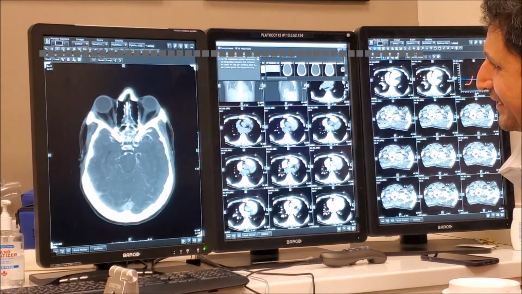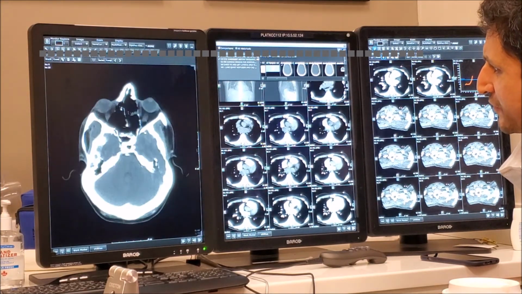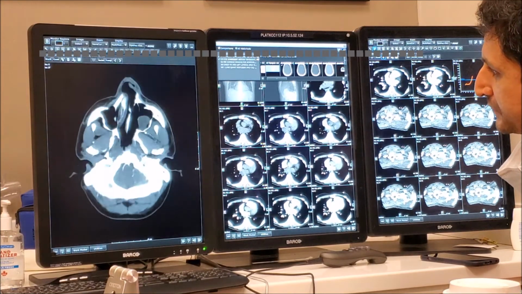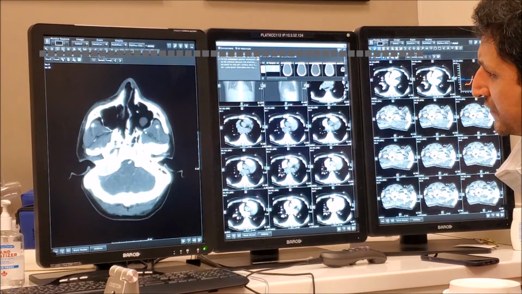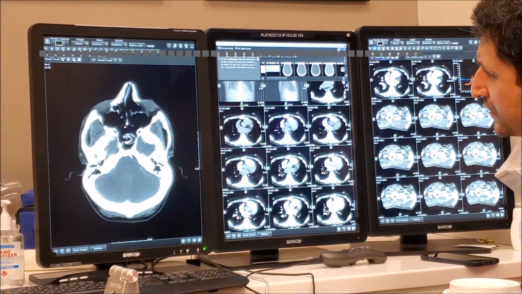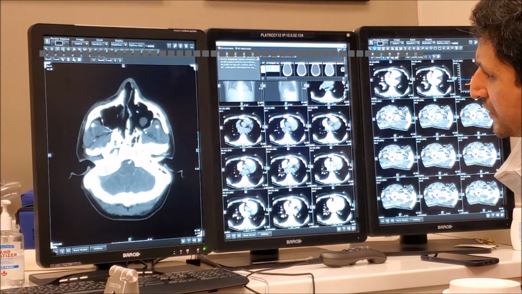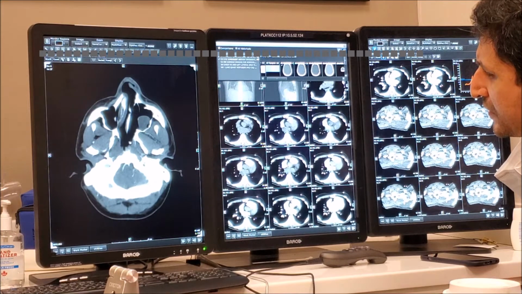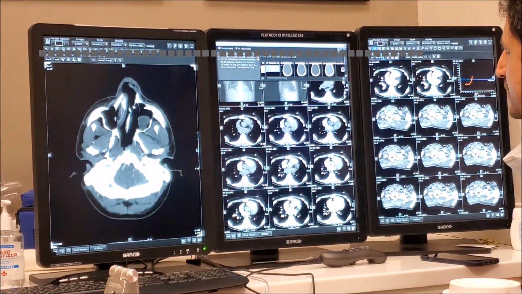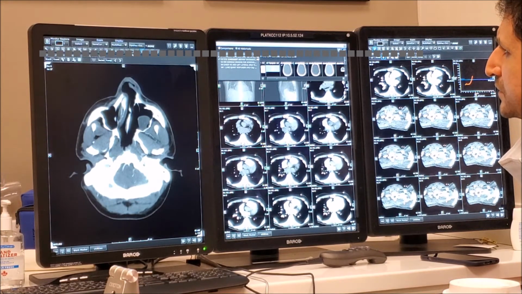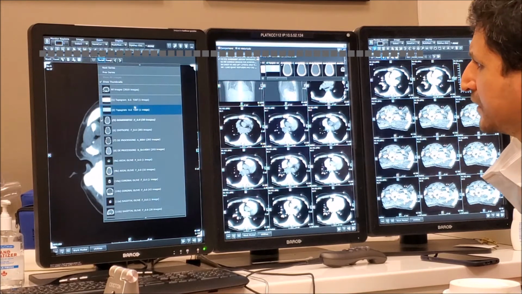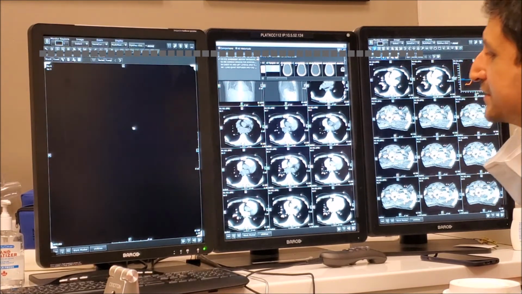Okay, so CT angiogram. There might be some thin sections of the neck.